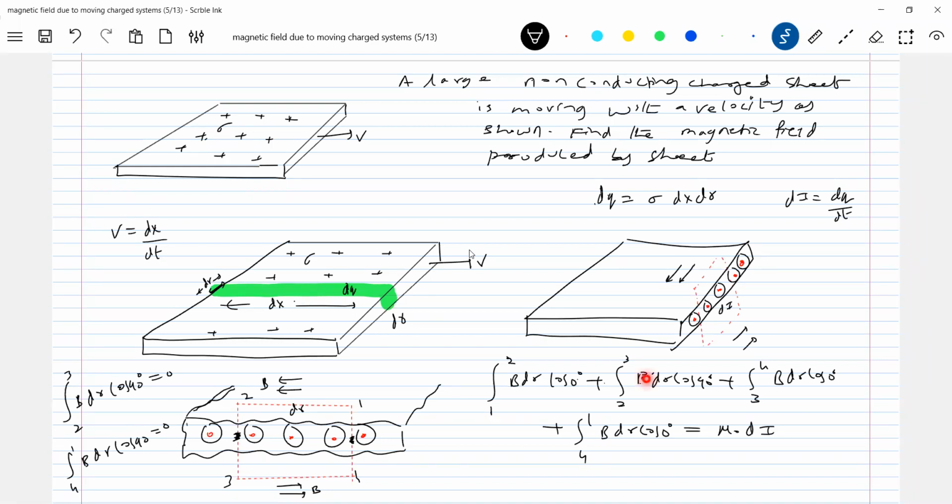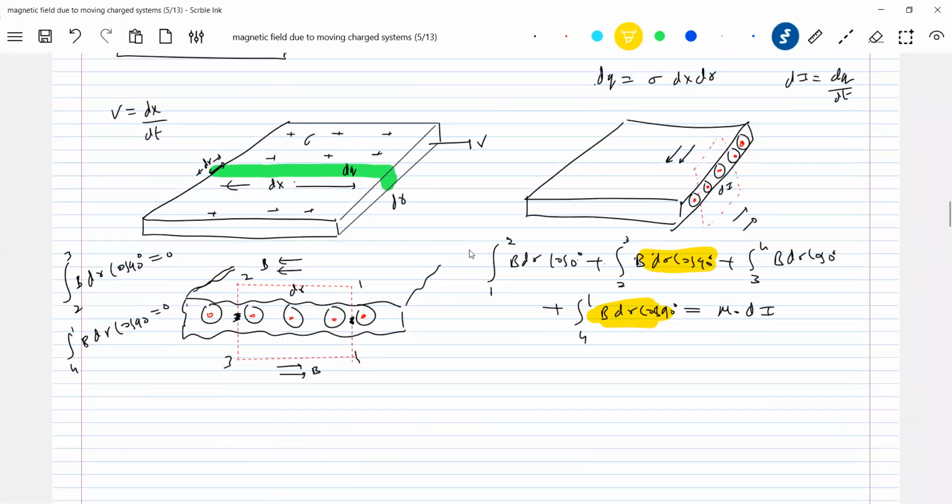So these two shaded quantities, these two will be 0, cos 90, no. These two will be tending to 0.